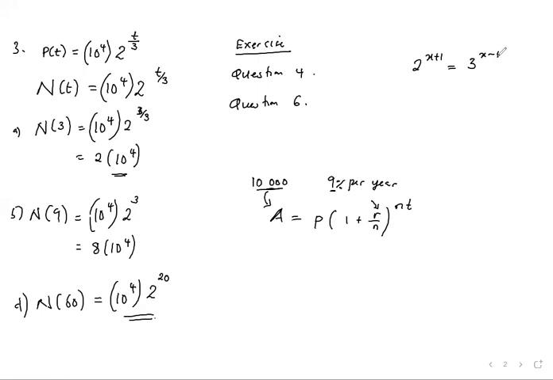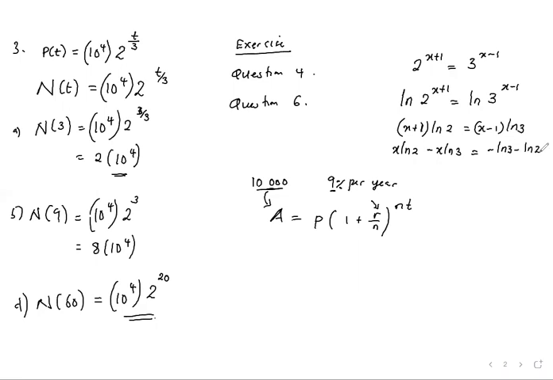Oh, I can see. The forgetting of properties here. You apply ln, log e. Because log has the property of dropping the power, we'll have (x plus 1) ln 2 is equal to (x minus 1) ln 3. Then expand: x ln 2 plus ln 2 is equal to x ln 3 minus ln 3.